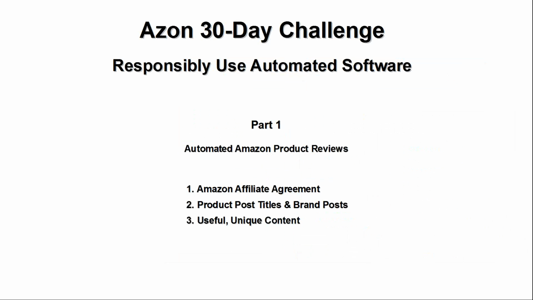That way, you will know how you might need to adjust your use of that software to get it to fall in line with the A30 30-day challenge. You could be combining your products into a brand post, as an example, adding in some unique content about each of the individual products that you're covering there, in addition to having some of the Amazon information.